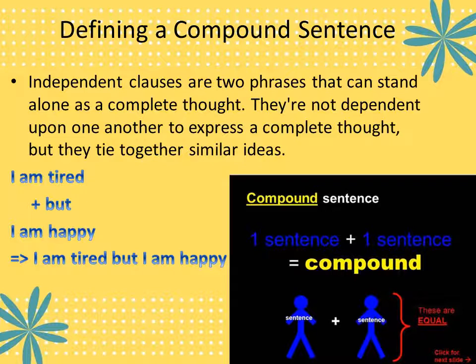Or I am happy, fine, it's already clear, itu udah cukup, tidak membuat kita bertanya-tanya. But we can combine these two simple sentences together by using the coordinator but. I am tired but I am happy. These two are equal. Ini dua-duanya sama, independent. Nggak ada yang main clause, nggak ada yang dependent clause, nggak ada yang induk kalimat, nggak ada yang anak kalimat.